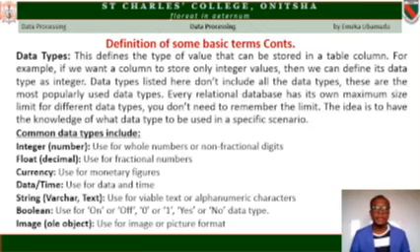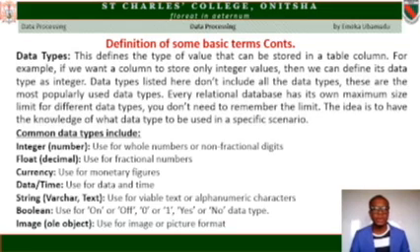Data types. This defines the type of value that can be stored in a table column. For example, if you want a column to store only integer values, this integer values is just like a number, then you can define its data type as integer. Data types listed here don't include all the data types.